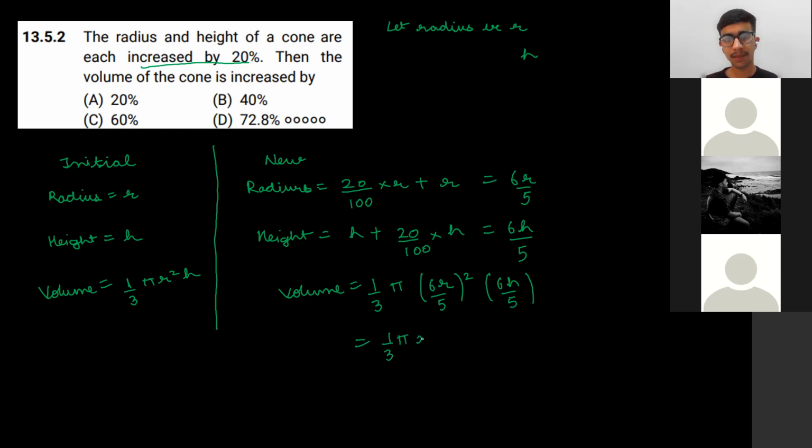So 1 by 3 pi r square h times 36 by 25 times 6. Okay, 36 times 6 is 216, divided by 25 times 5 is 125. Right. So if this is the original volume, let's say I denoted by V, V is equal to 1 by 3 pi r square h, and the new volume is V dash. So V dash will be equal to 216 by 125 into V. Right. Does anyone have any doubt up to here?